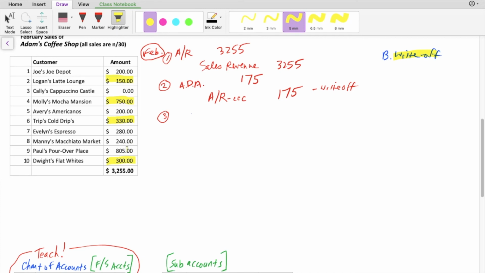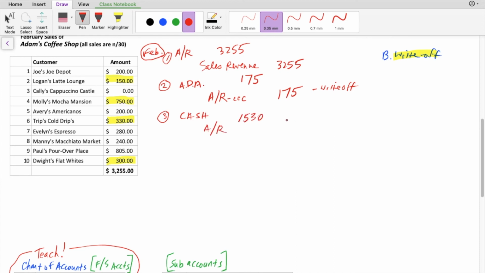These customers pay me regularly in the month in which they make purchases from me, which is great. And so how much have I collected in cash as a result of this? I've collected $1,530, and I can get rid of their account receivable balances.